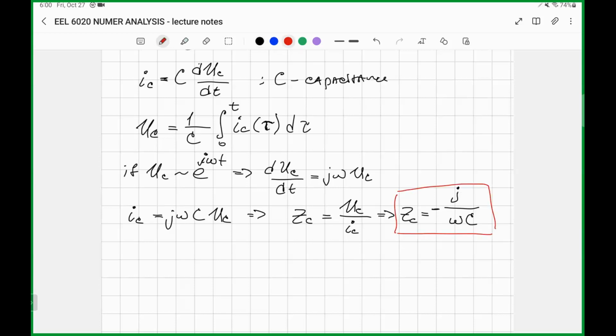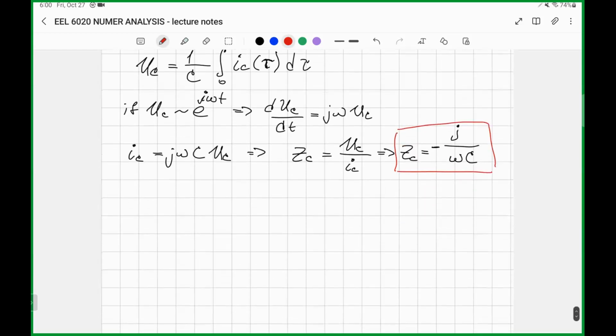This is another important formula. The impedance of the capacitor is purely imaginary.